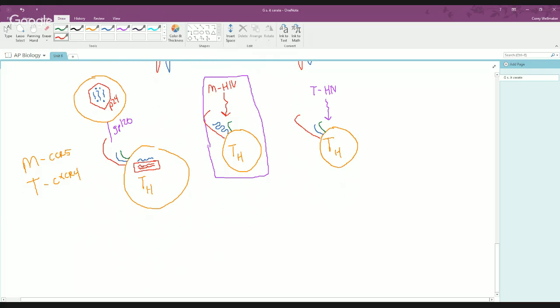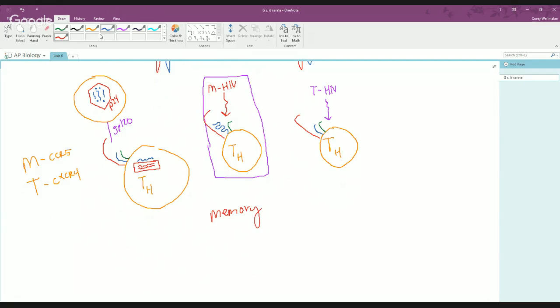The process of doing this is prone to error. This is actually advantageous for HIV because mutations crop up pretty often, which means HIV is constantly changing its antigens, which makes it very difficult for memory cells to mount an effective defense against this pathogen because it's constantly changing the way that it looks.